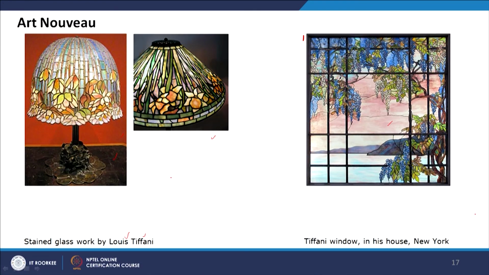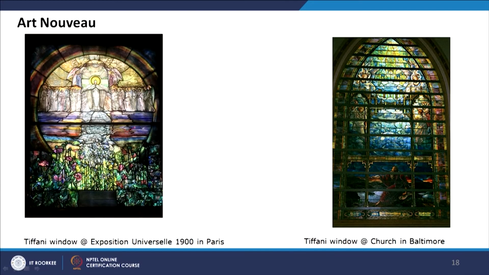For example, there will be a lot of different kinds of works and ornamentation, which is floral ornamentation. This is an Art Nouveau glass painting. Here also you will see the whiplash patterns, and then free flowing curvilinear forms are there.